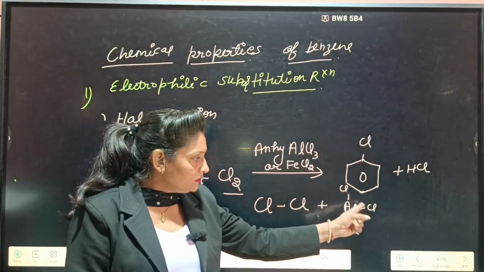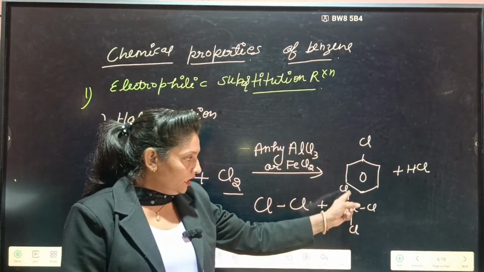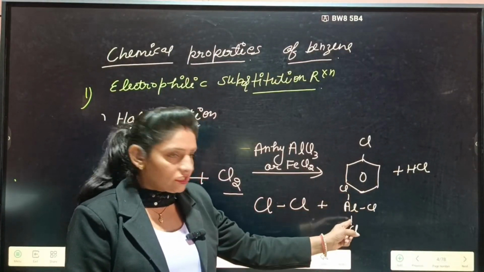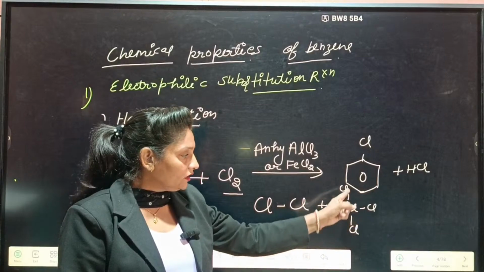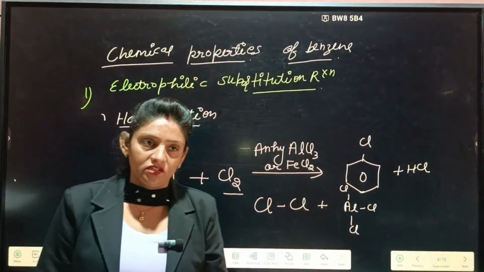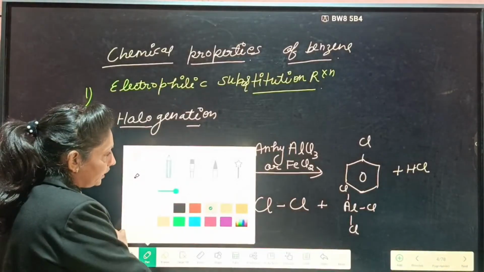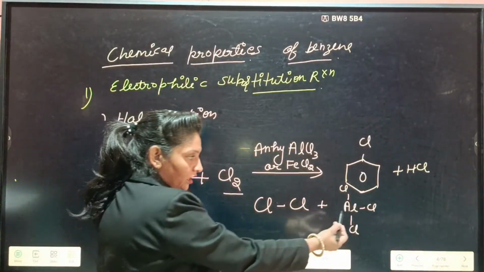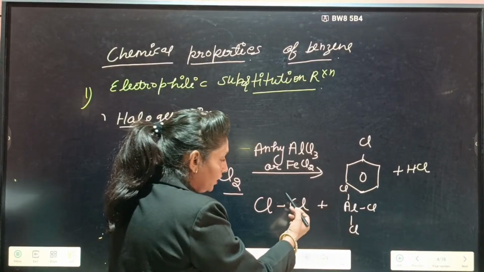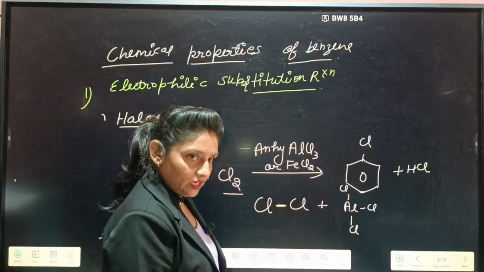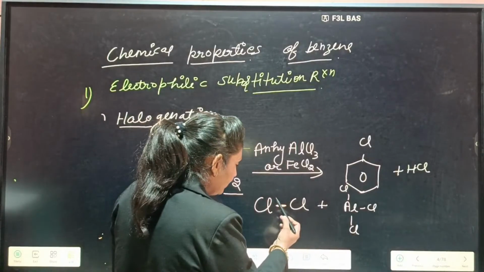But it is a Lewis acid. It is electron deficient. Only 2, 4, 6 electrons here, but for getting stability, there should be 8. So it needs electrons. From where can it get them? For taking electrons, it will break this bond. Clear or not?